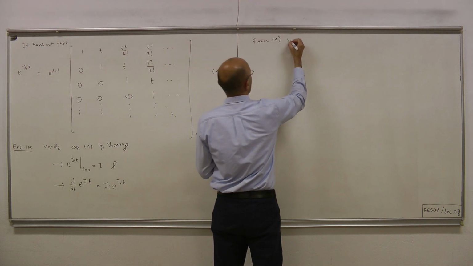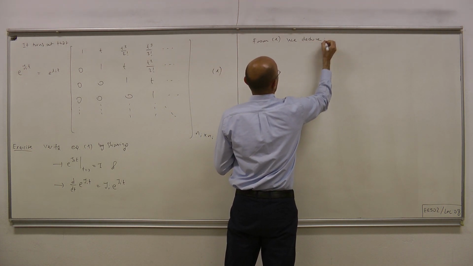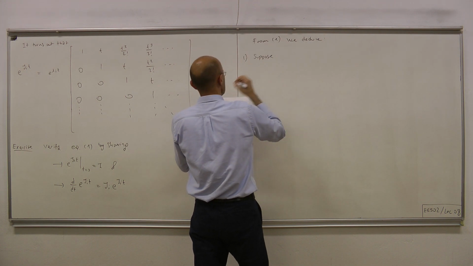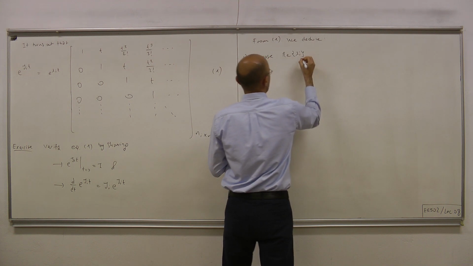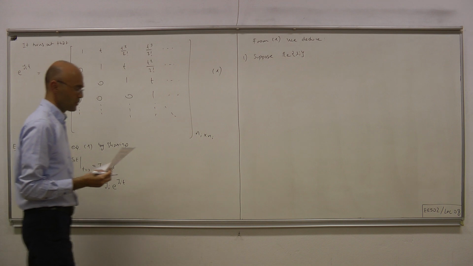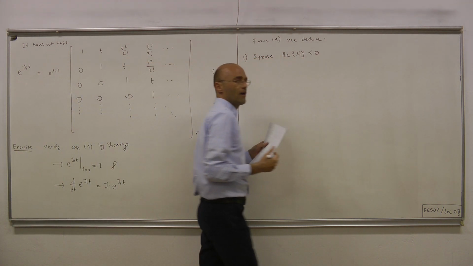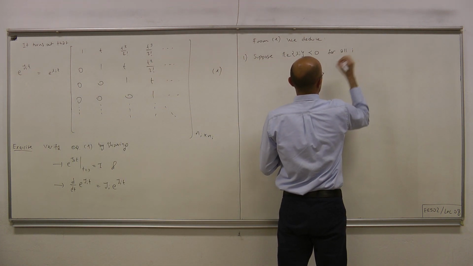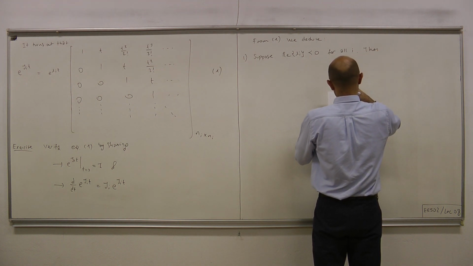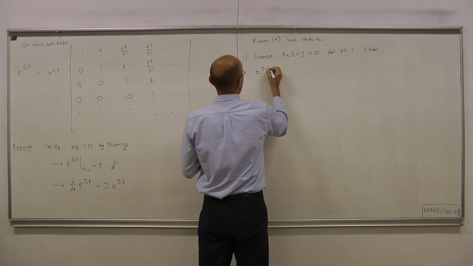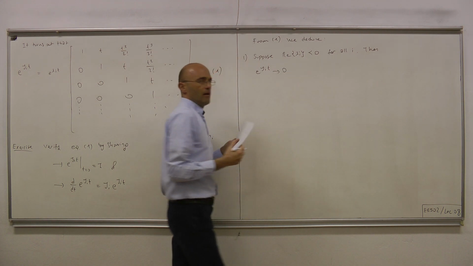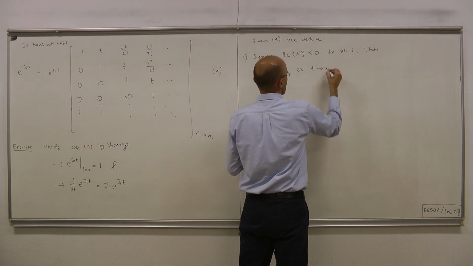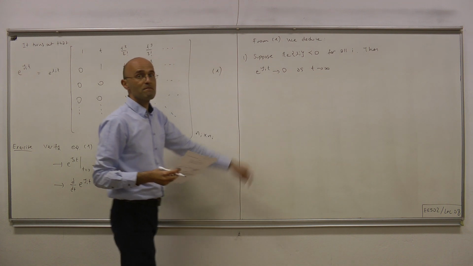Suppose that the real parts of all eigenvalues are strictly negative, for all i. Then e to the Ji t goes to 0 as t goes to infinity for all i.